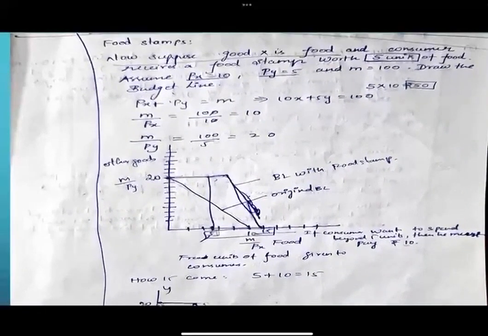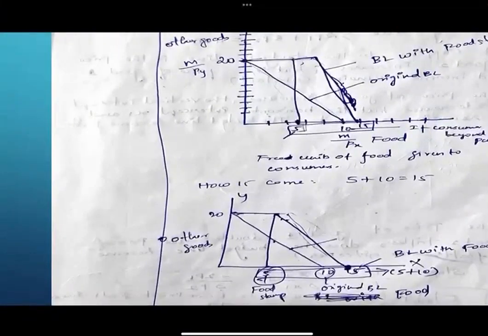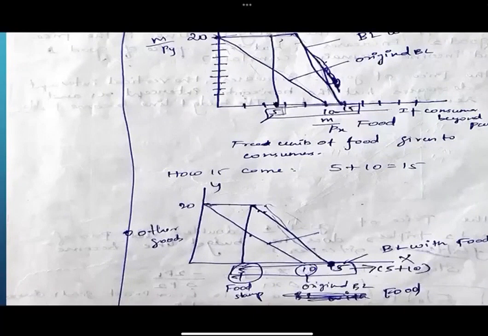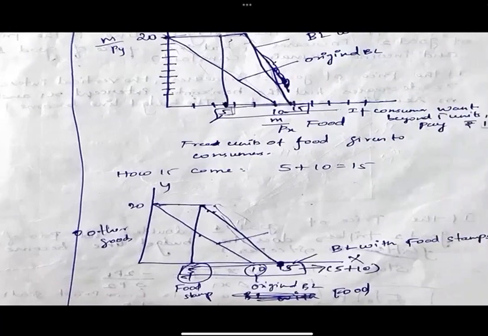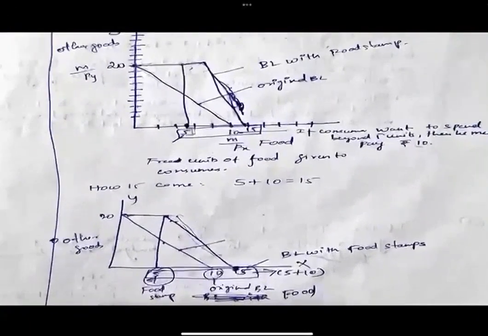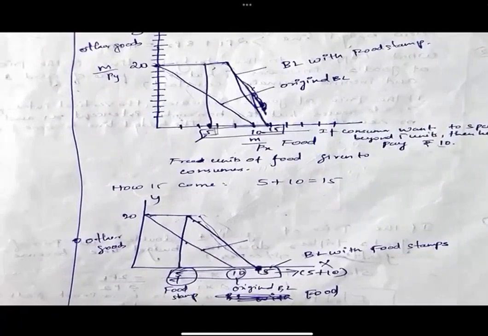So just plot 15 comma 20 and draw the line here. If you see here, draw the line from this and you will get the food stamp diagram.